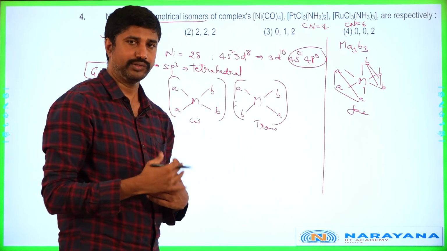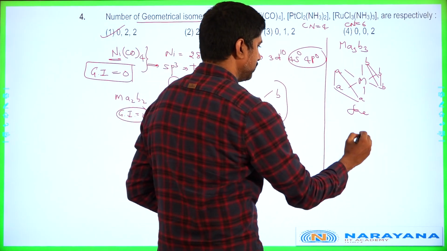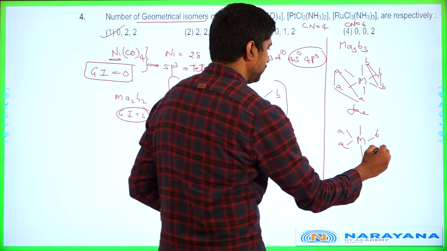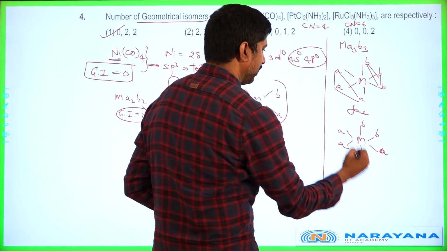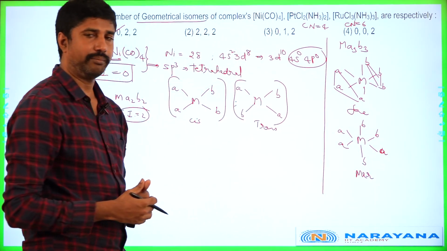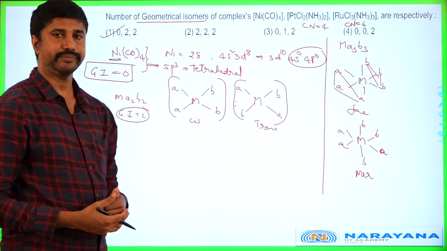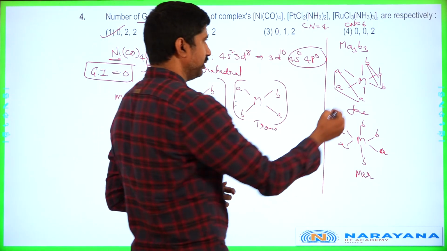FAC isomer you will get, and by changing one of the positions here, if you write A, B, so if you are taking A here and B, this is the MER form. So FAC and MER isomers are possible for MA3B3 type. There are two geometrical isomers possible here.